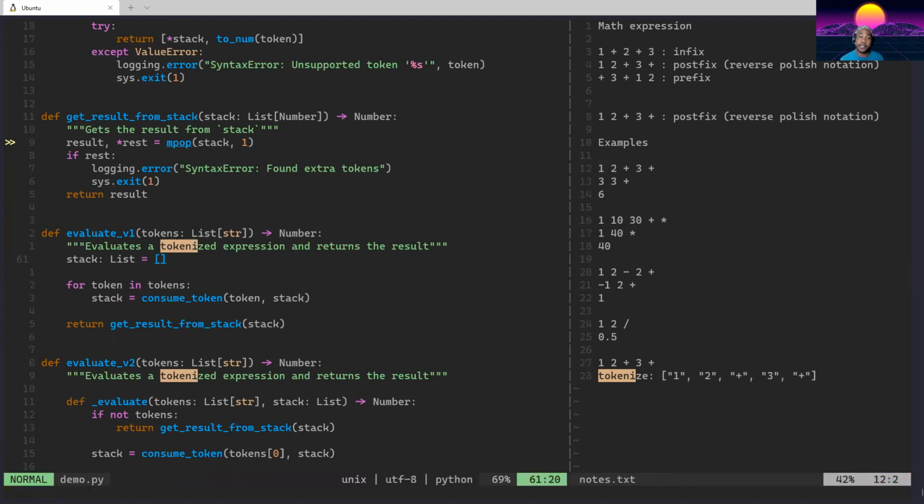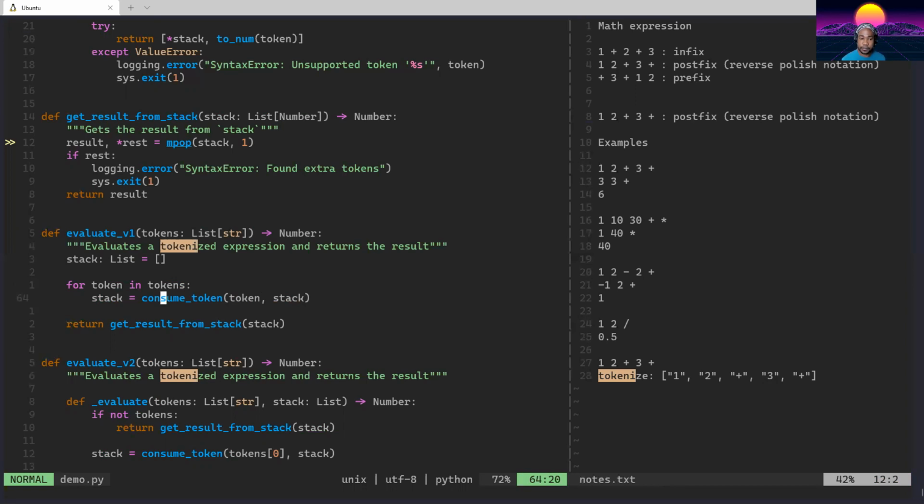So we initialize an empty stack, and for each token, right, 1, 2, plus, 3, plus, we're going to consume that token. Don't think about what that means just yet. We're going to consume that token given the current stack that we have.